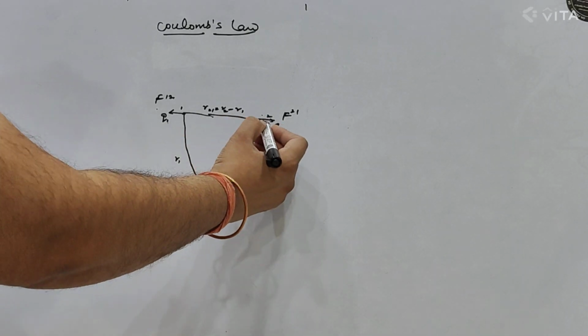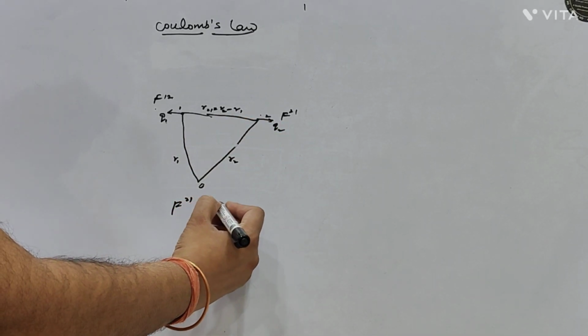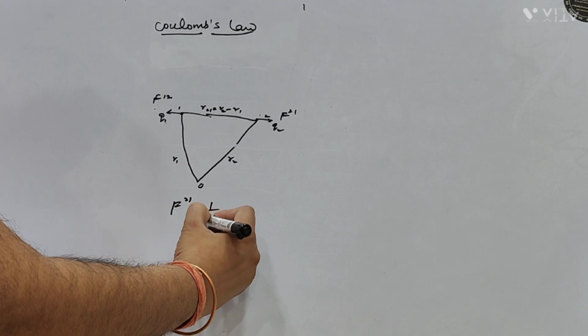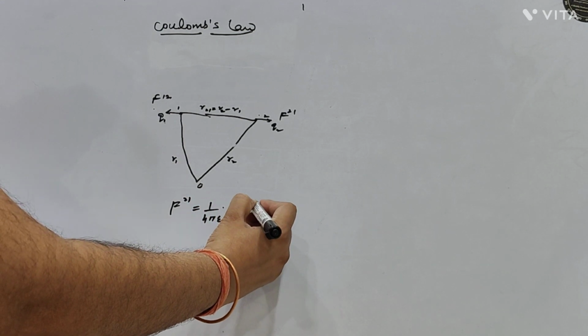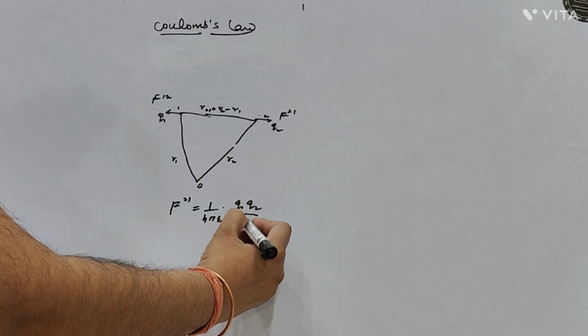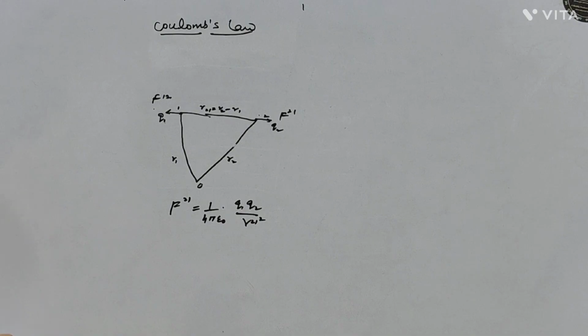So F21 can be written as 1 by 4 pi epsilon naught Q1 Q2 divided by R21 square.